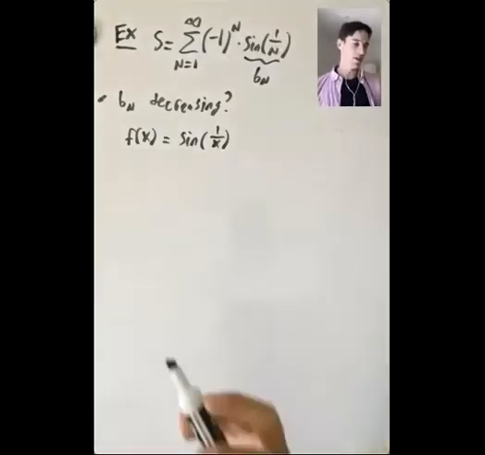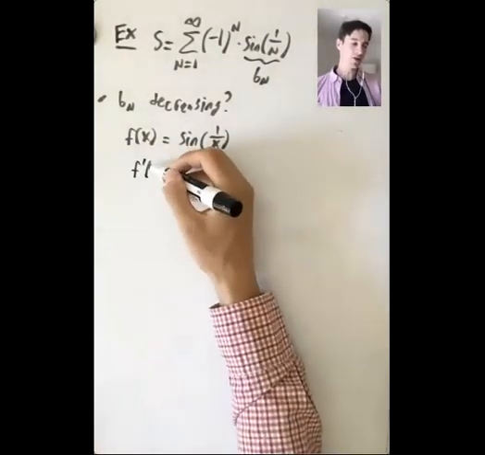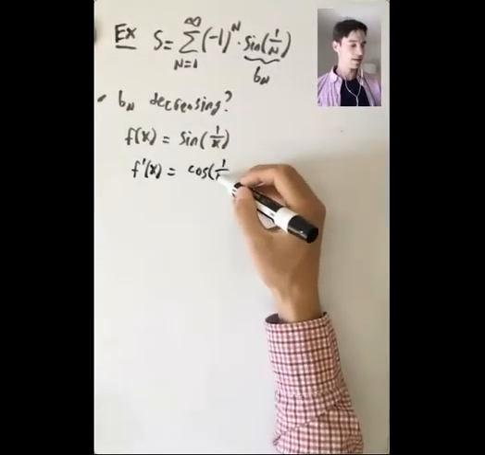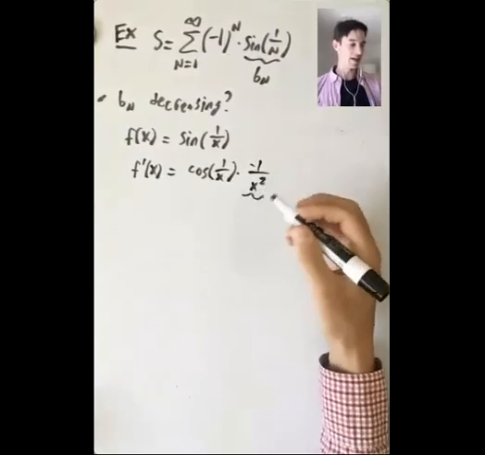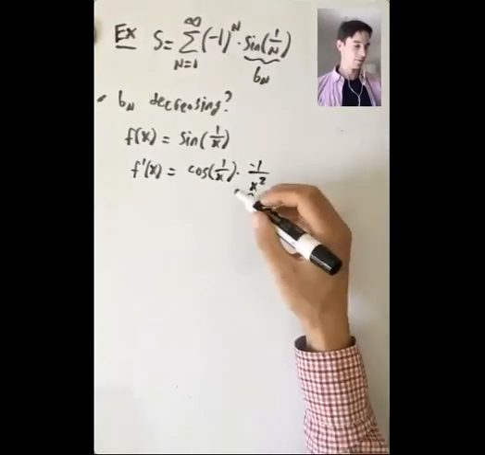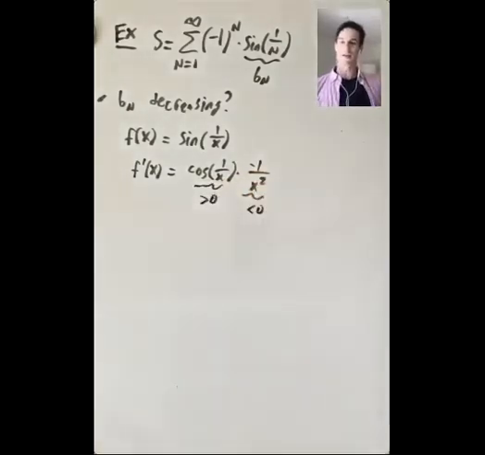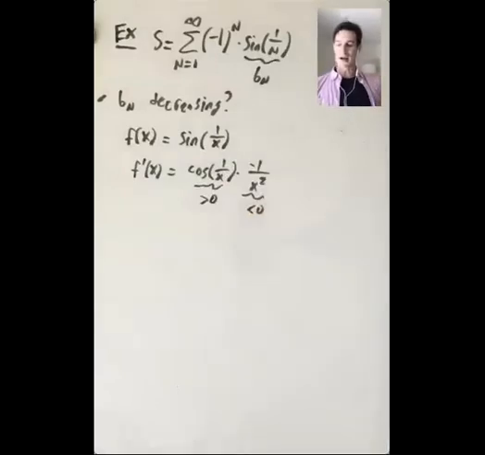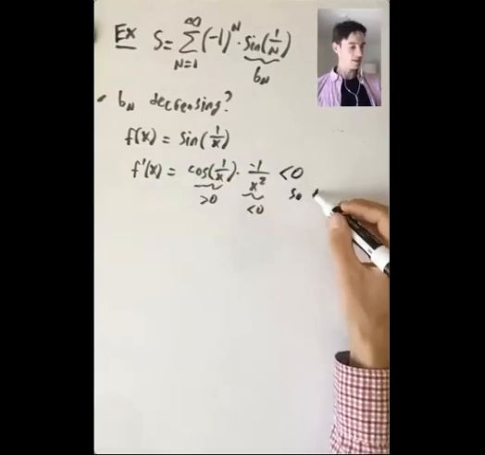So this should be decreasing, just intuitively, but we can really check this way. f prime of x is cosine of 1 over x times minus 1 over x squared. This is negative, and this is positive, as soon as x is positive. So this is going to be decreasing. So Bn is decreasing.